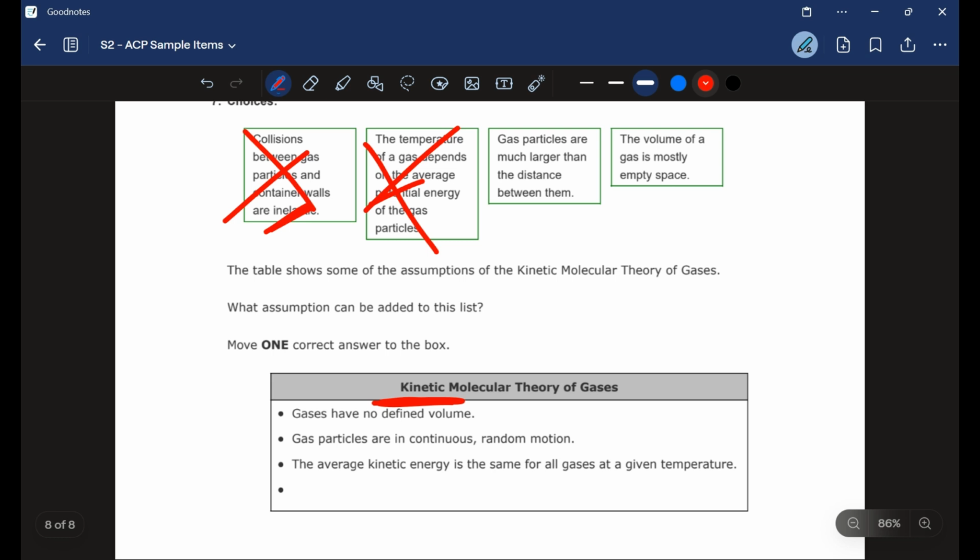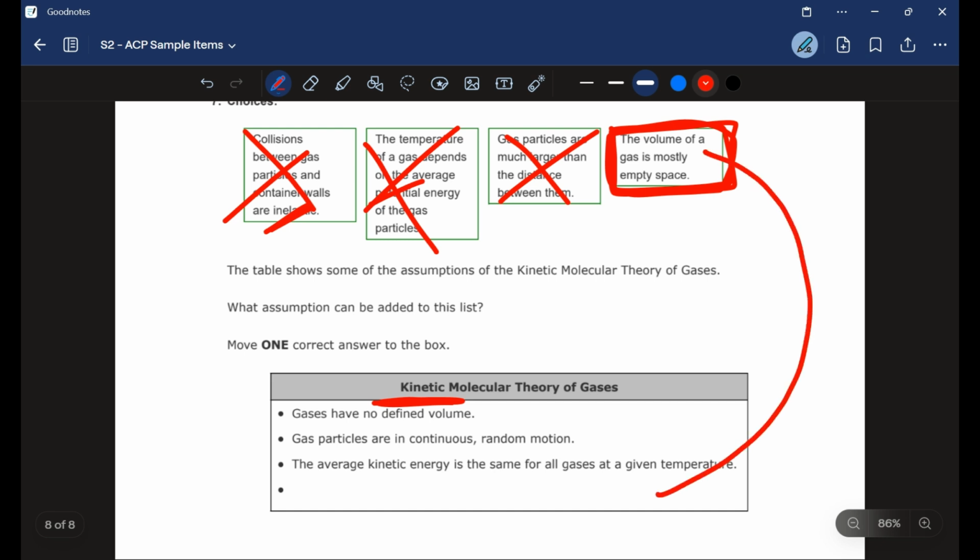You saw in the PhET simulation, hopefully you did in class, gas particles are very, very small and there's a big distance between them. So it can't be that one. And finally, the volume of a gas is mostly empty space. This is true. So since the gas particles are so small and they're so far apart from each other, it ends up being that most of the volume is just empty space. So that you would have to move to the box down here.